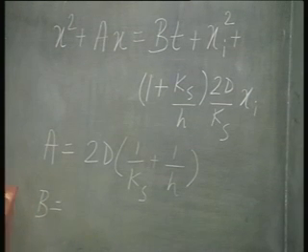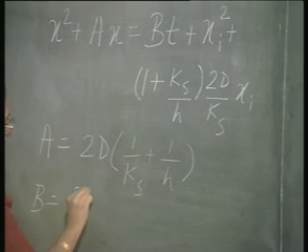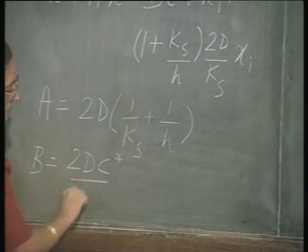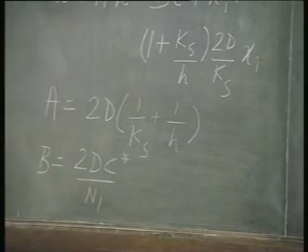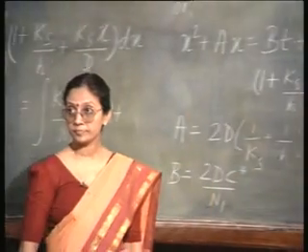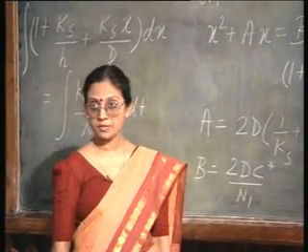B is nothing but two d c star by n1, ks cancels each other, right.